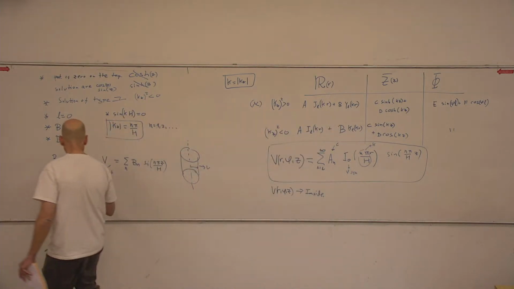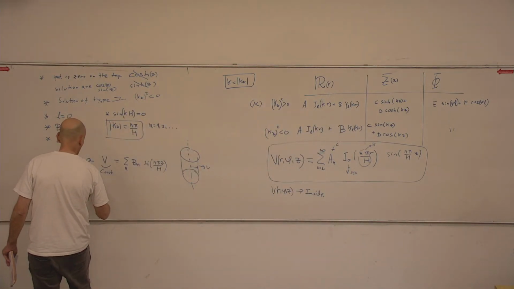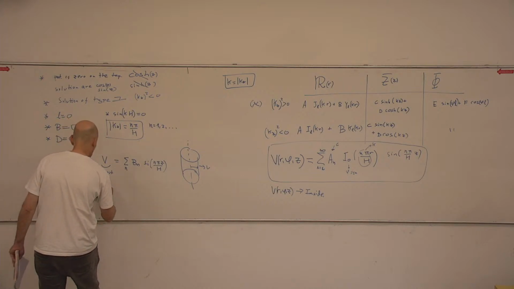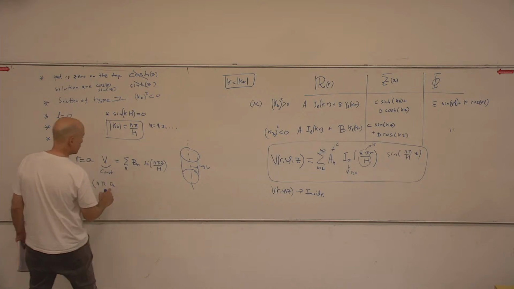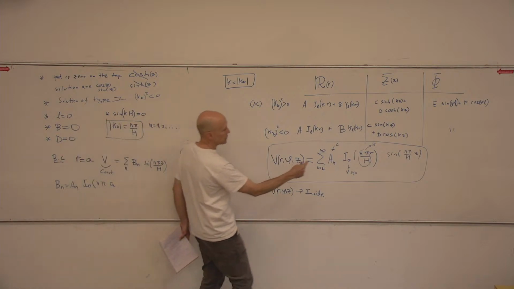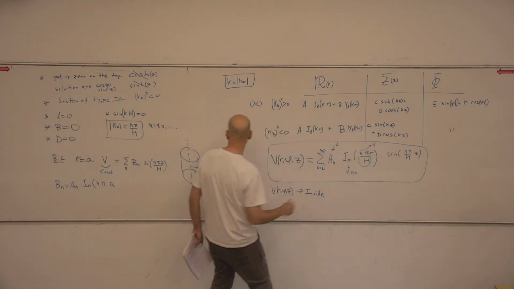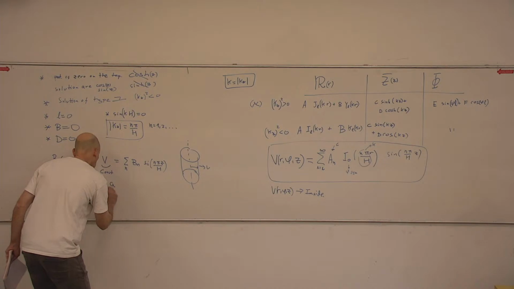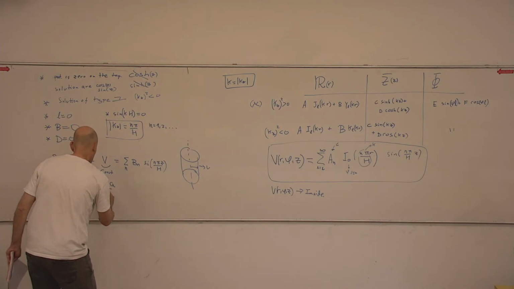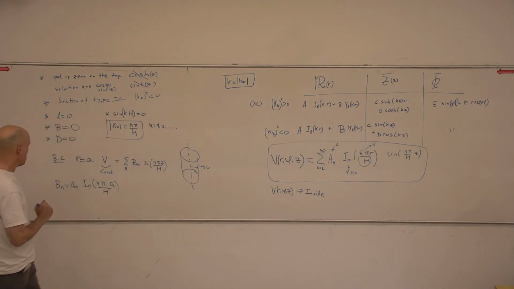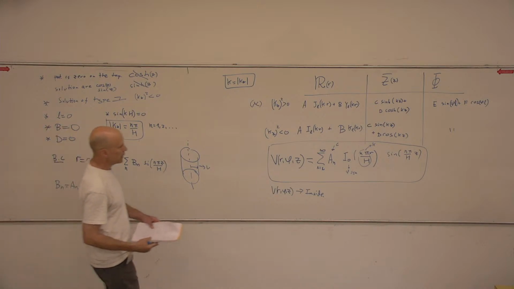Exactly. So n pi a, the radius, not r that we had here. r is anything between 0 and a here, divided by h. This is B_n, so I just plug it in here.